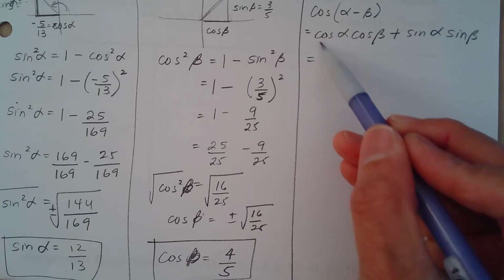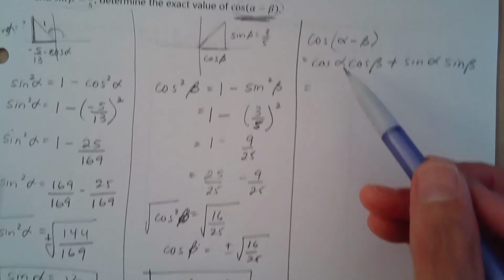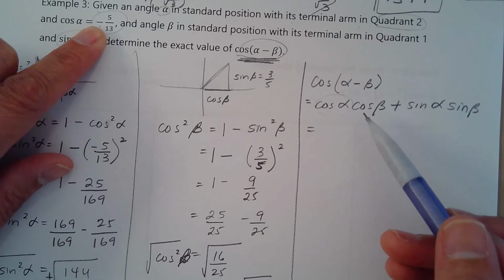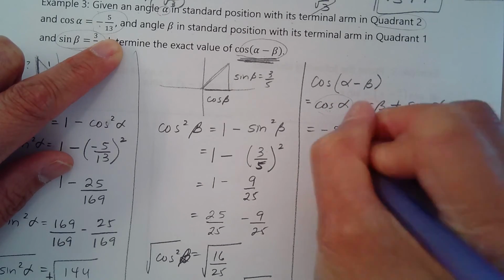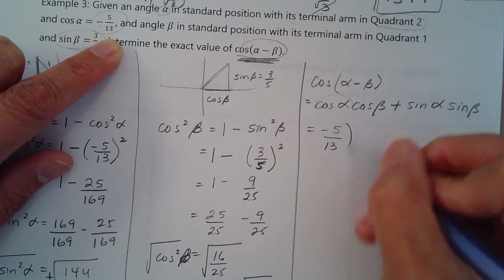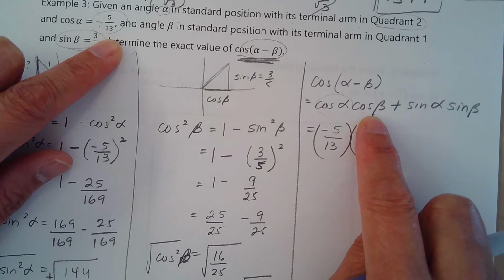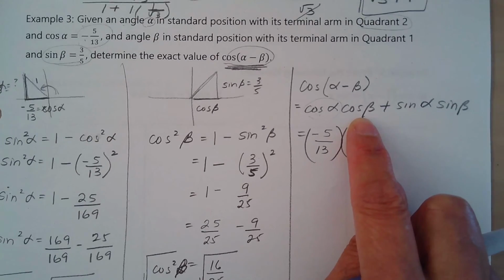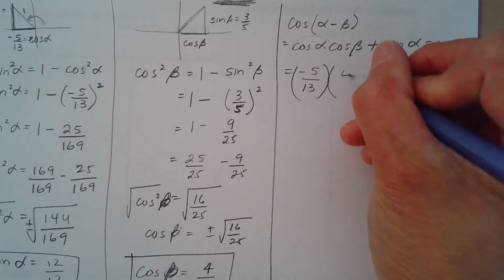So what do I put in here for cos alpha? Cos alpha would be negative 5 over 13. It says here cos beta. What are we going to put for cos beta? The 4 over 5.